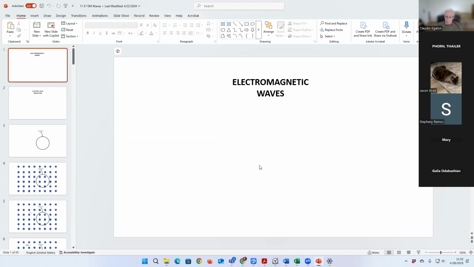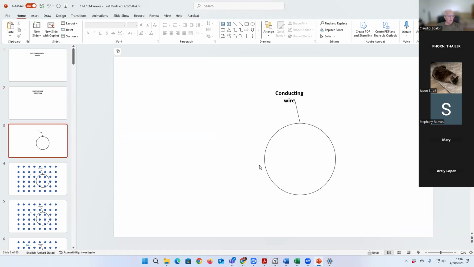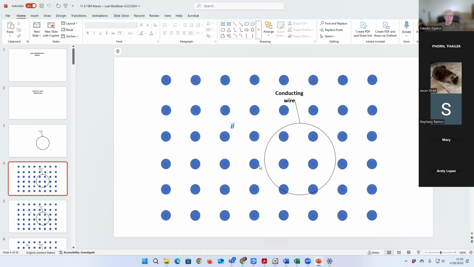Okay, so here you go. Electric field induction. Now, what was electric current induction, or what was electric potential induction? Now it is something far more generic. It is the electric field induction, right? So the idea goes just like that. Now you have this conducting wire in a magnetic field.